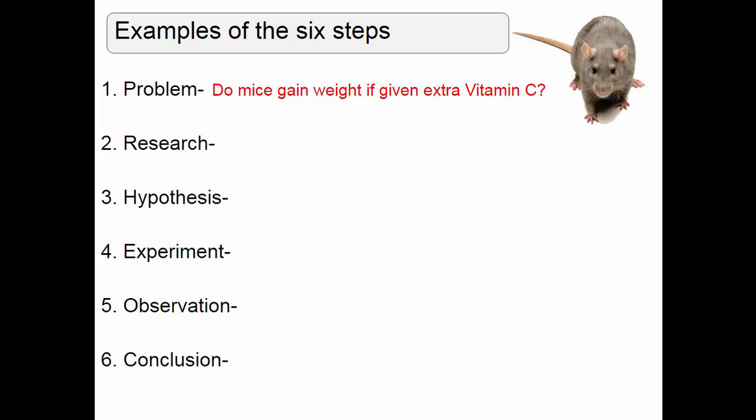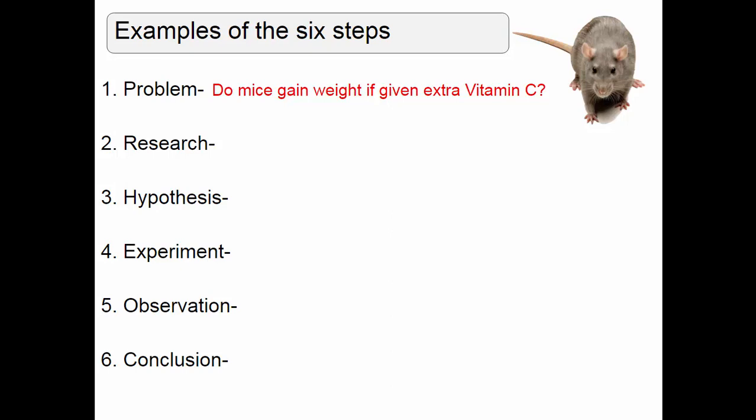Olympia? See how much vitamin C they usually get? Okay, like what is the typical amount of vitamin C in a mouse's diet? Some other things. Jake? Around the normal weight of a mice. What's the normal weight for a full-grown mouse? To make sure, like some people have this thing where if they eat a lot, they don't gain weight. Okay. Make sure the mice don't have that. Okay.